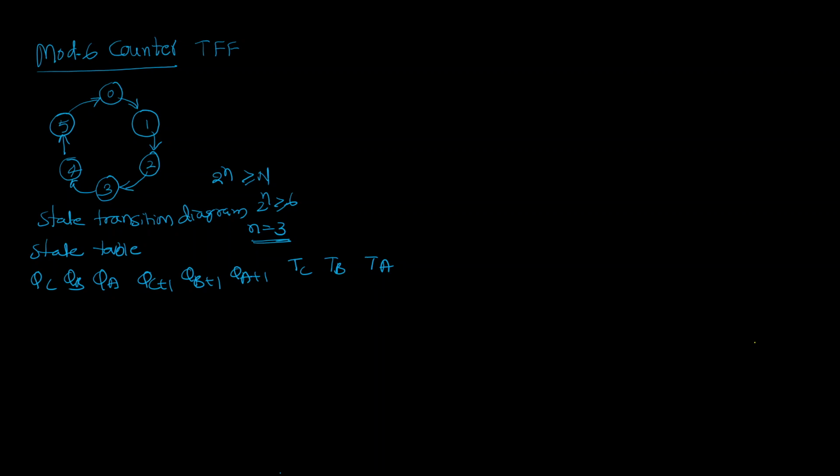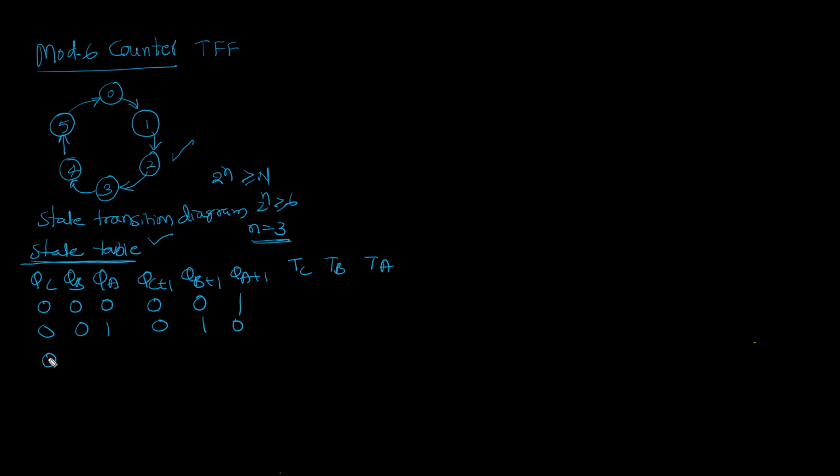So when the present state is 0, 0, 0, the next state is 0, 0, 1. Present state is 0, 0, 1, next state is 0, 1, 0. What does it mean? 0 to 1, 1 to 2, 2 to 3. This is the same thing as in the transition diagram, we are putting it in the state table. If I design a counter, this is how it will move its state. That's the reason why it is called a state table.